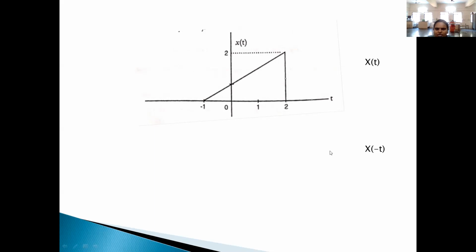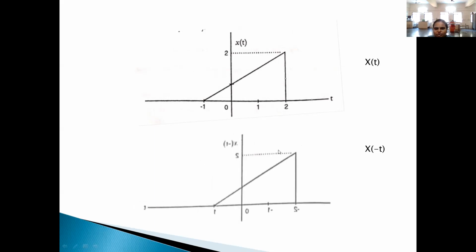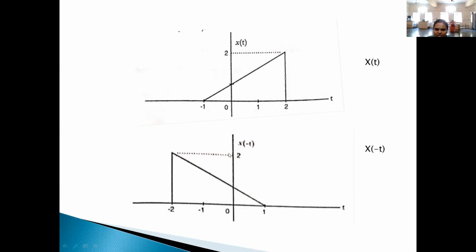X of t is this, then the reflection is taken as x of minus t. Here the negative value becomes positive, and here the positive value becomes negative. Again here positive, here negative. It is just a mirror image of the signal. Positive values are changed to negative values. This is about reflection.